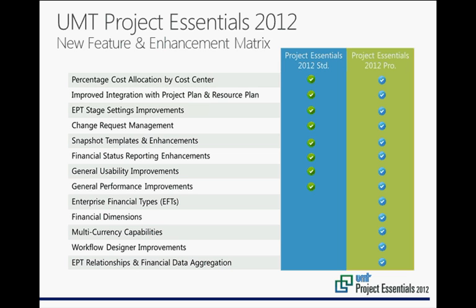So we have the ability to map the relationships between different entities created from EPTs. So you could have an EPT representing programs. You could have an EPT representing different types of projects. I can then link projects back to the appropriate programs that they support and aggregate the financial data accordingly back to the program level. And again, we'll take a look at that in the demonstration today.